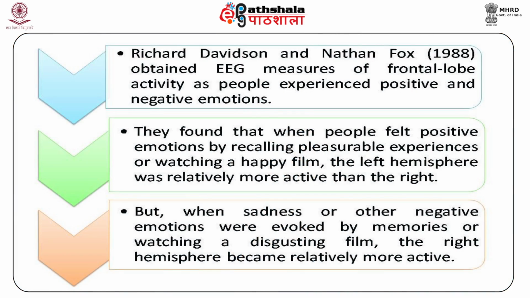To test this proposition, Richard Davidson and Fox obtained EEG measures of frontal lobe activity as people experienced positive and negative emotions. They found that when people felt positive emotions by recalling pleasurable experiences or watching a happy film, the left hemisphere was relatively more active than the right.